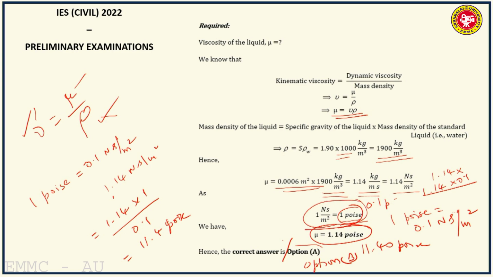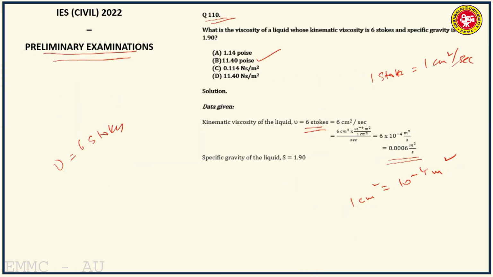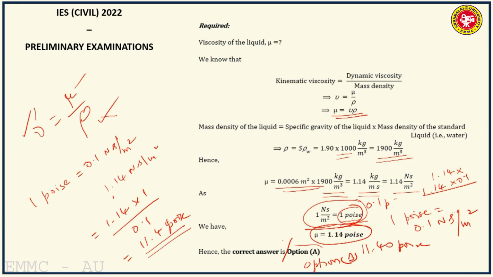I apologize for that. 1 poise is 0.1 Newton second per meter square. Therefore, 1.14 Newton second per meter square becomes 11.4 poise. So, the answer is option B, it is the correct one. Option A is wrong, option B is the correct answer.